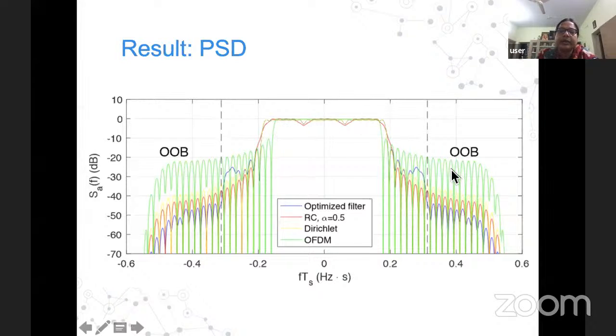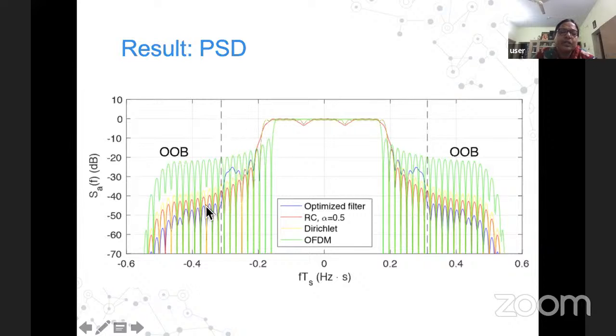But what we are trying to do in GFDM, by using different filter banks and filter shapes, is reduce the out-of-band radiations. That means the green color, we are trying to bring it down to the lower range. That happens through your RC root-raised cosine pulse in red, as well as a Dirichlet pulse in yellow. The RC filter with alpha equal to 0.5 is in the red color.